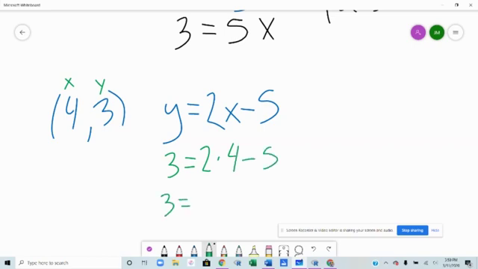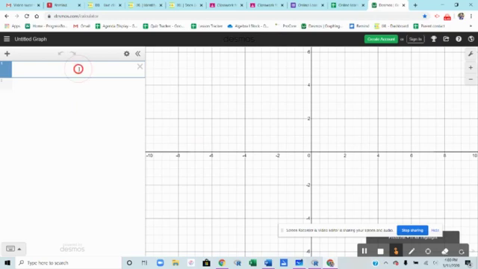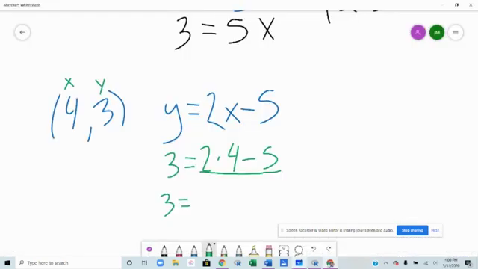This time we have to do a little bit of math. Having a calculator handy would be useful. You can type 2 times 4 minus 5 into Desmos, and it will give you your answer, 3. So does 3 equal 3? Yes. So this is true.